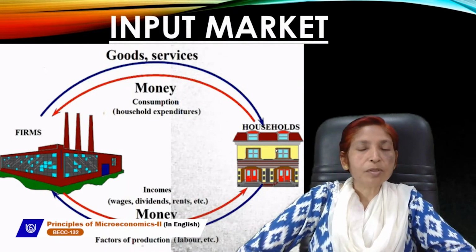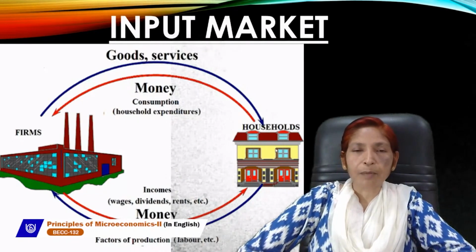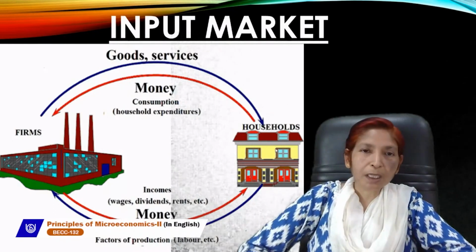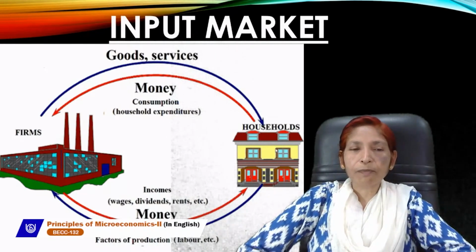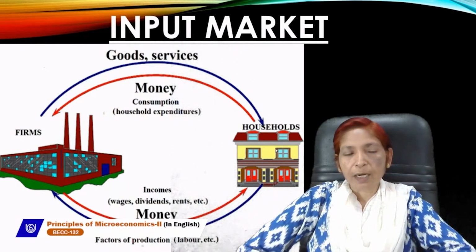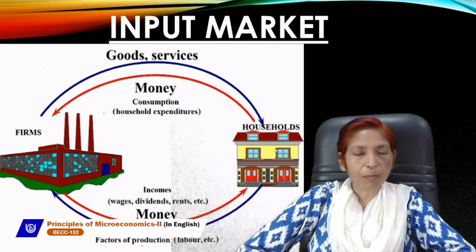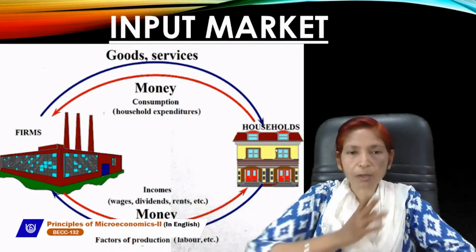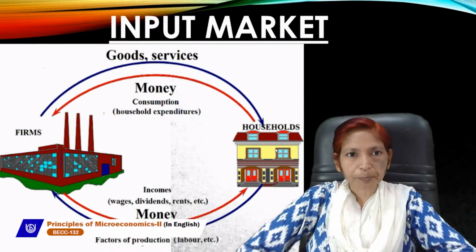Second is the goods market, where goods and services are sold and purchased. Third is the money market, where money is sold or purchased. So there are different types of markets, and the other market structures you have studied in previous sessions, like the perfect competition market, monopoly market, monopolistic competition market, and oligopoly market.